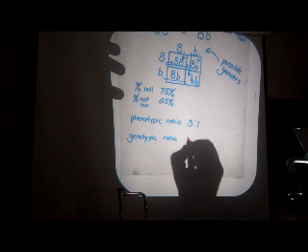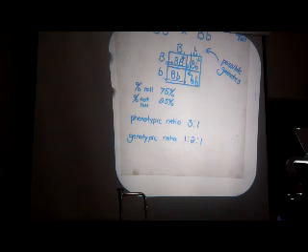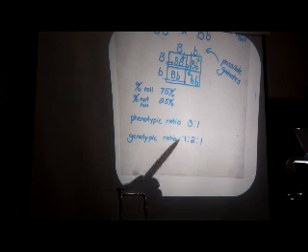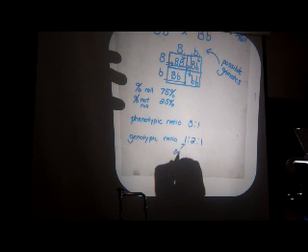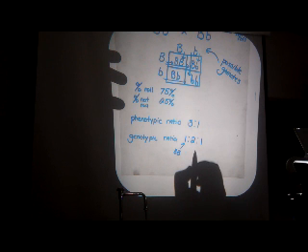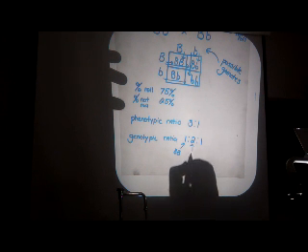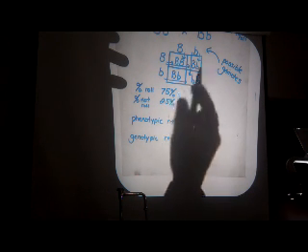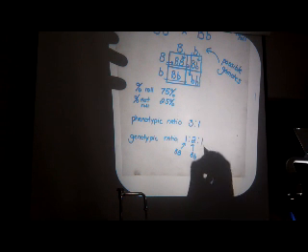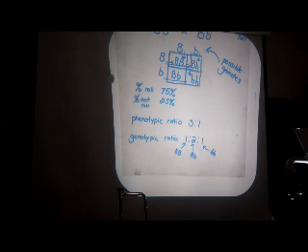The genotypic ratio for this one would be 1 to 2 to 1. One individual is big B, big B. The 2 here stands for the individuals that are heterozygous. 2 of the 4 boxes are. And this last number represents the genotype of those that are little b, little b.